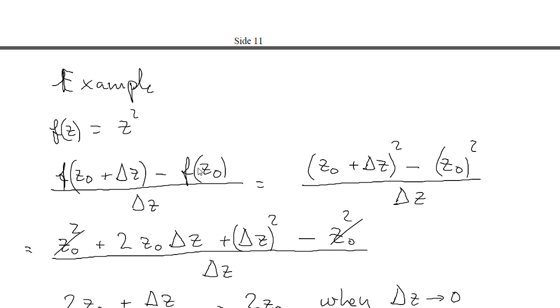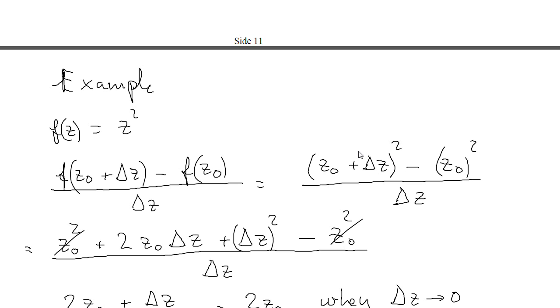So what is this? Well, we know that f(z) is equal to z squared. So then we have to replace z with z plus delta z, and here we replace z with z0. Then we arrive at this expression.